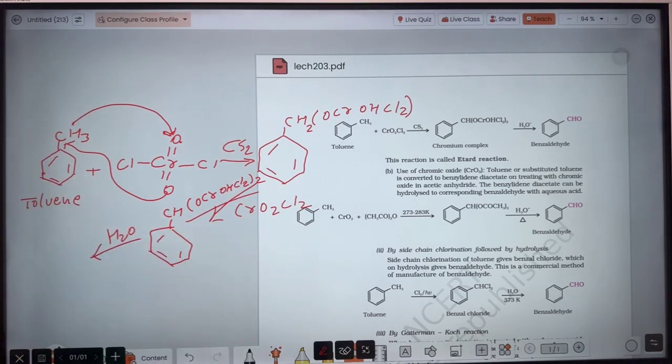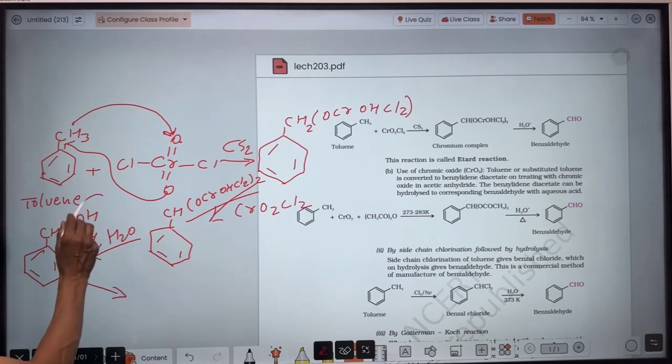So two OH groups will bond to this carbon. The carbon bonded to the benzene will also be bonded to two OH. Again, two OH groups are present on the same carbon, and they will be released in the form of H2O.